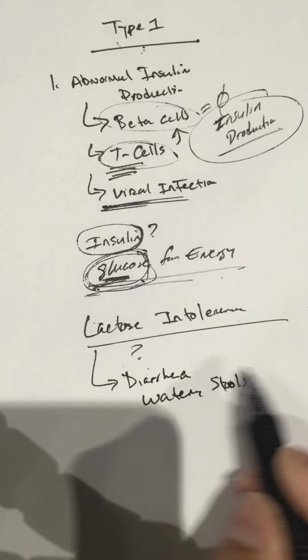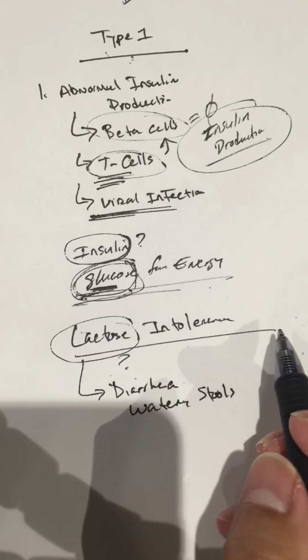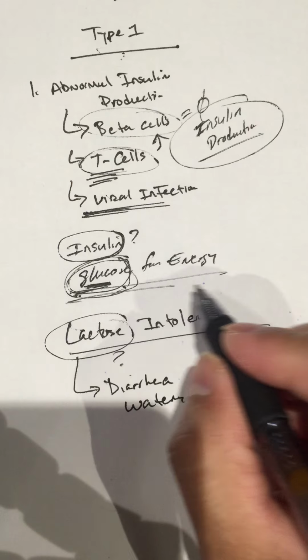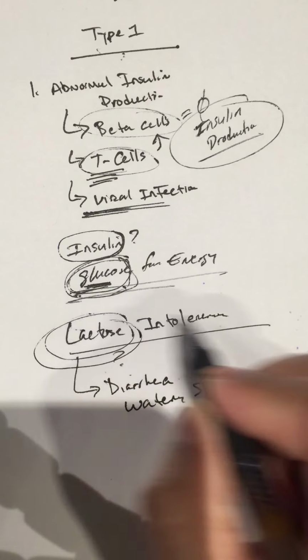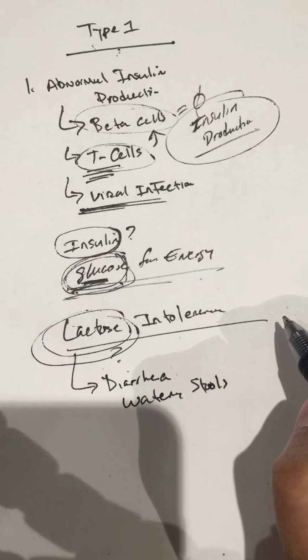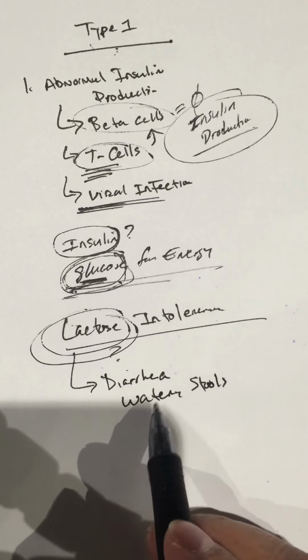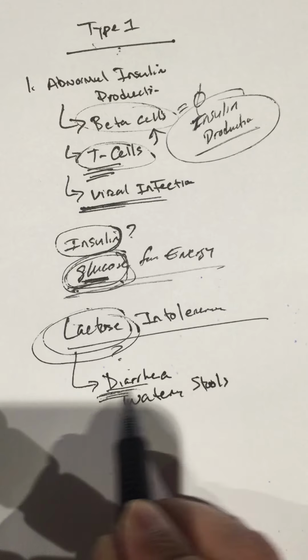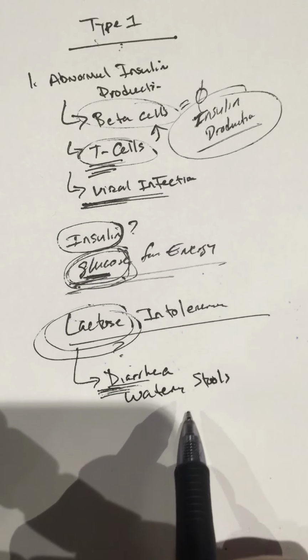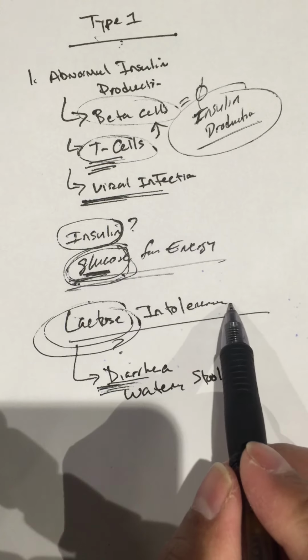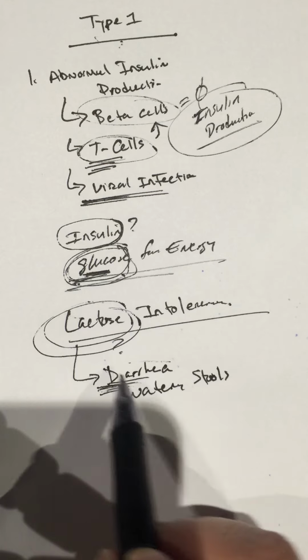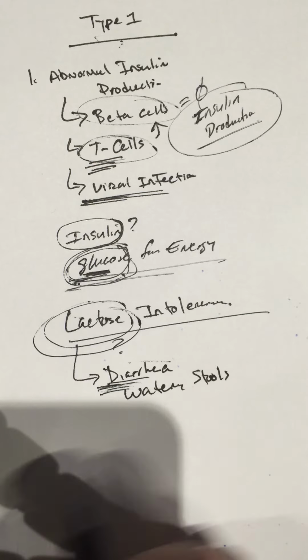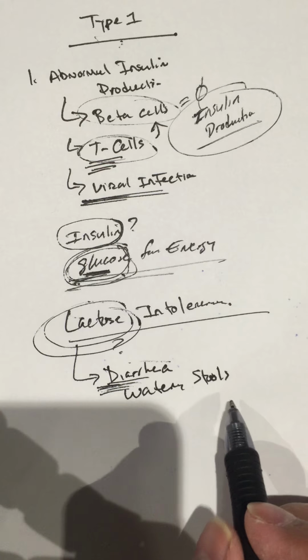The reason is that your body does not have the enzyme that breaks down lactose. So you cannot break down lactose, your digestive system gets rid of it, and you end up with diarrhea and abdominal problems. Your body cannot use it, so it gets rid of it right away.